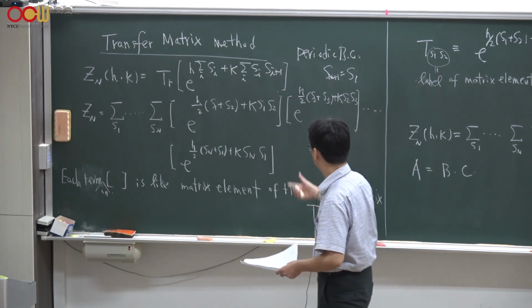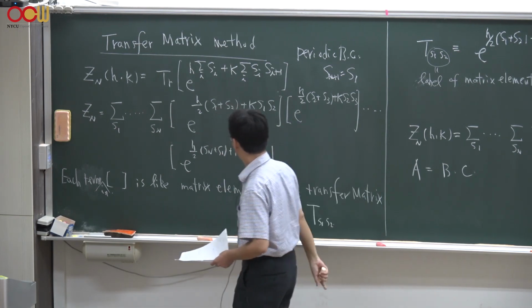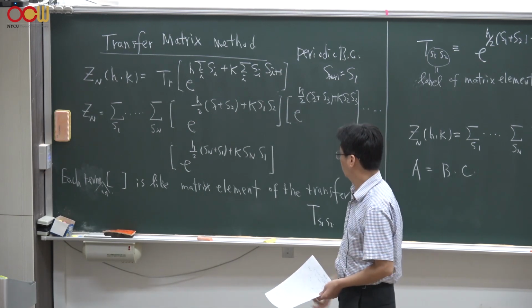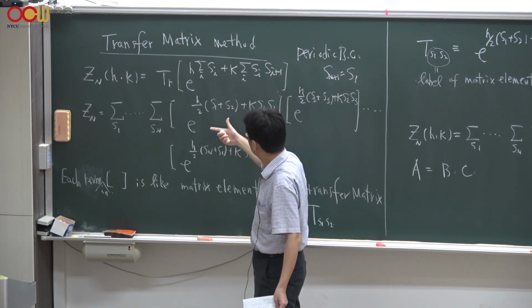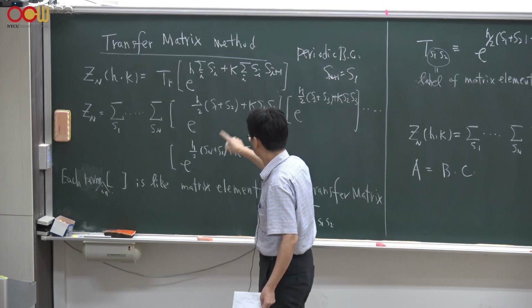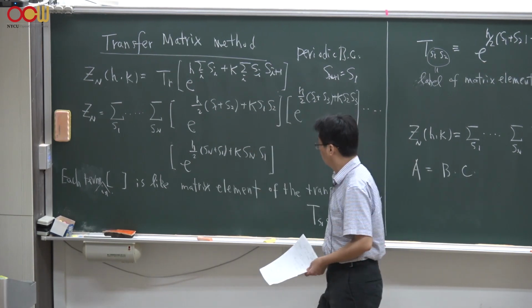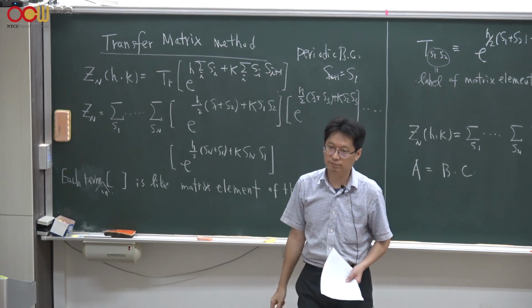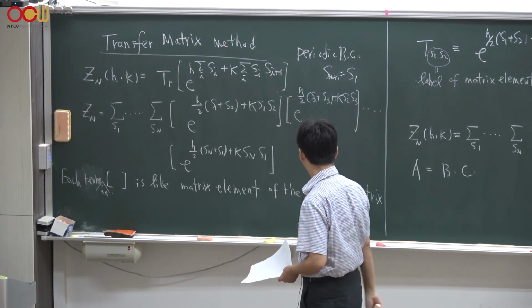But when we multiply all these together, we get back to this trace. So we are free to decompose the trace in terms of the product of these matrices. Each bracket is considered as some kind of a matrix, which we'll define later.